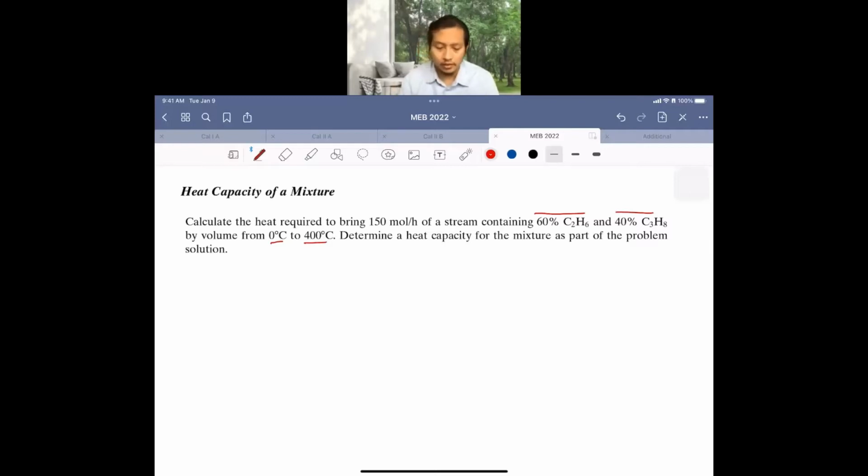Determine the heat capacity for the mixture as part of the problem solution.